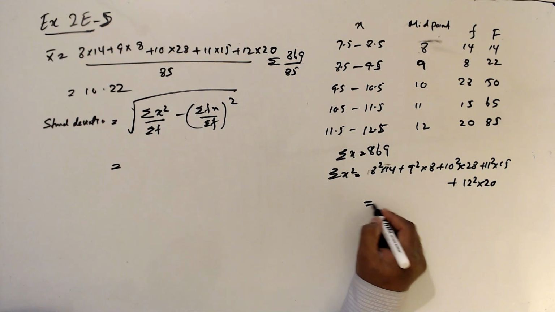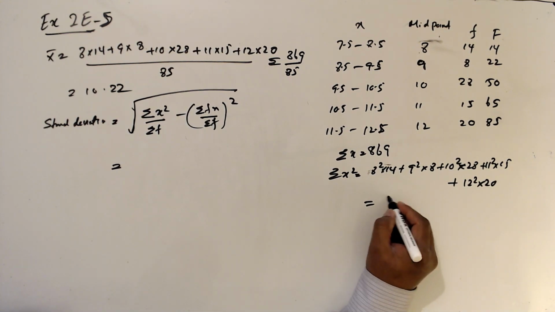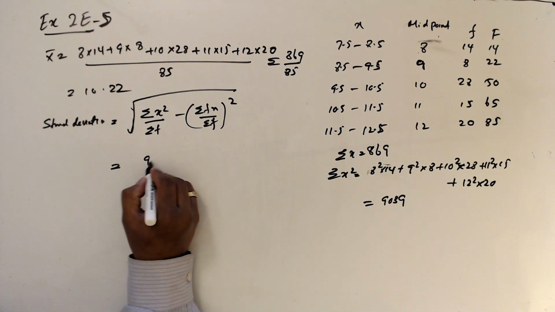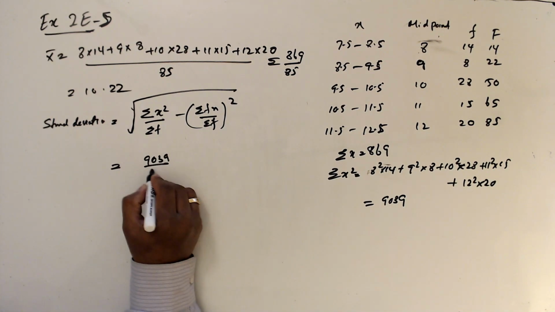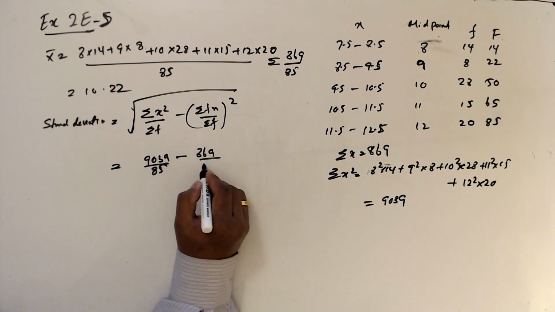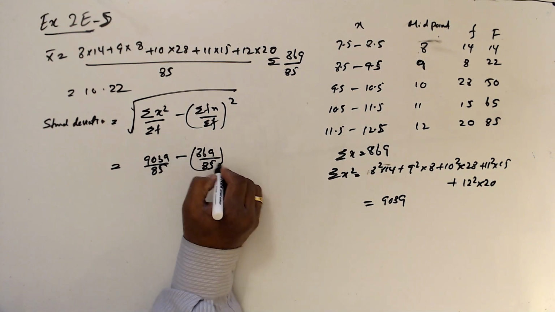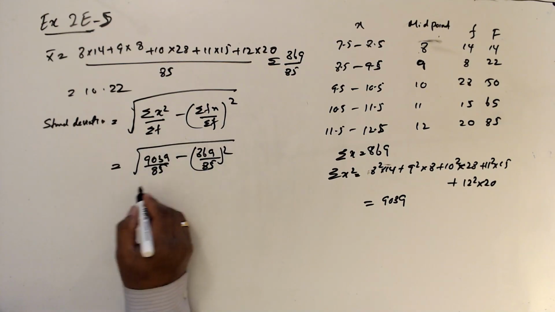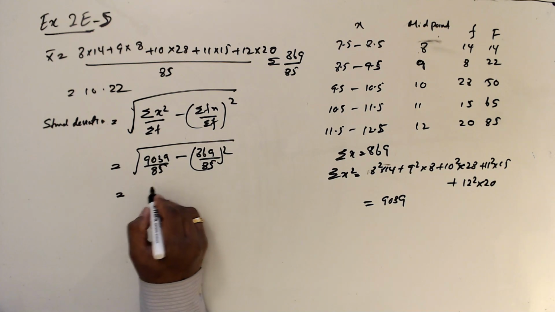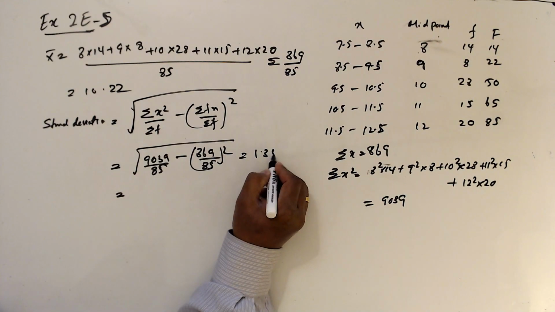So this value is equal to 9039, and then 9039 over 85 minus 869 over 85 square. That is going to be 1.35.